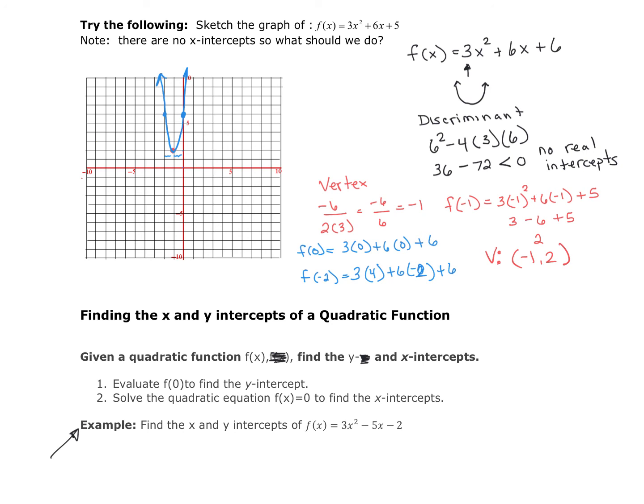So if I let x equal 0, in other words, f of 0, in this particular case, I get 3 times 0 squared minus 5 times 0 minus 2. So I get 0, -2 for my y-intercept. For my x-intercept, I need to set the function equal to 0. And in this particular case, it does factor.